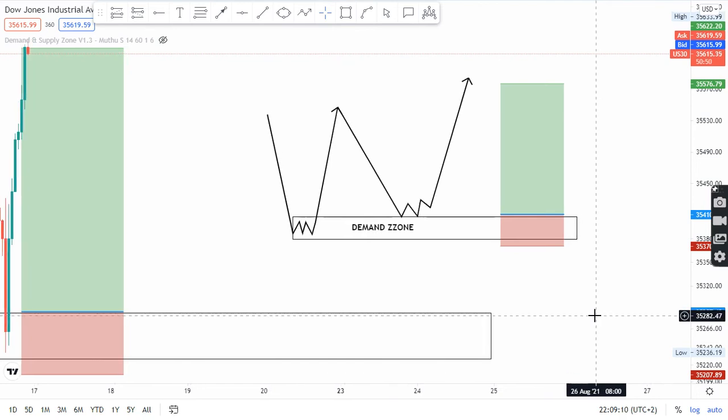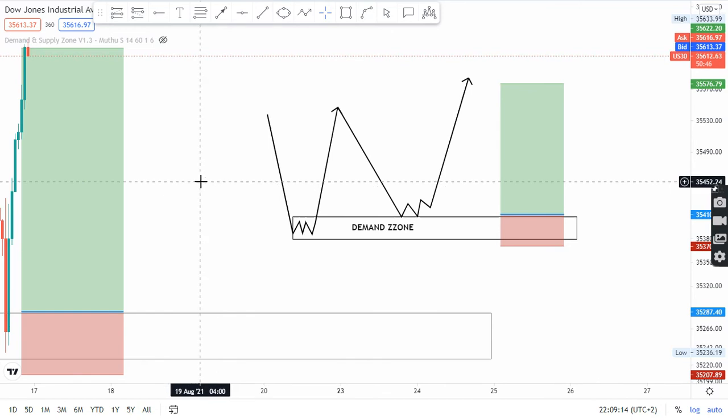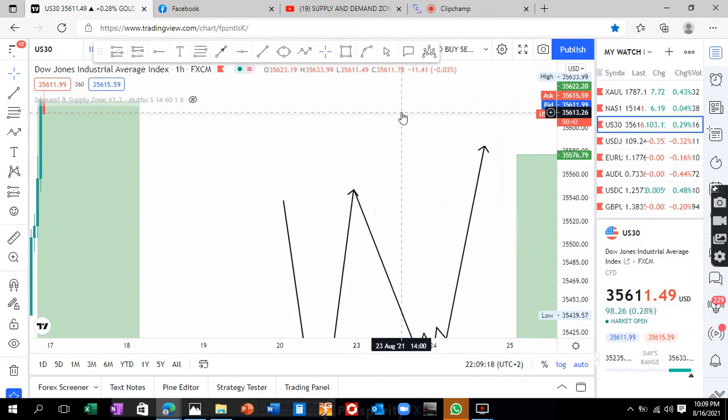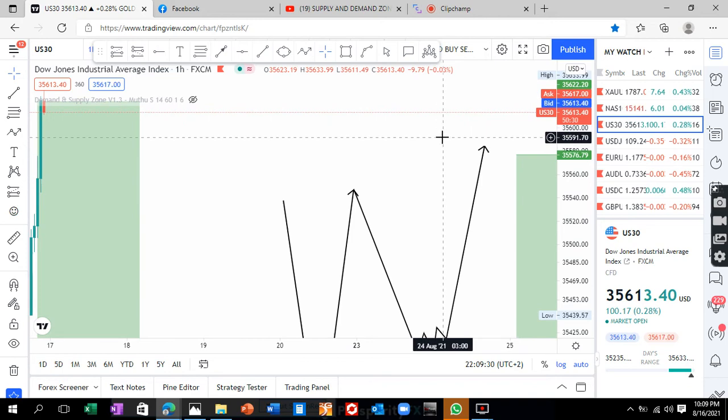As simple as this. So if this is clear, let's go back to some examples and see some of them, and then I'll show you some of the trades that I've taken. I analyzed these pairs on Sunday. I will share them on my Facebook and Telegram channel, and this played out exactly like I've shown you.